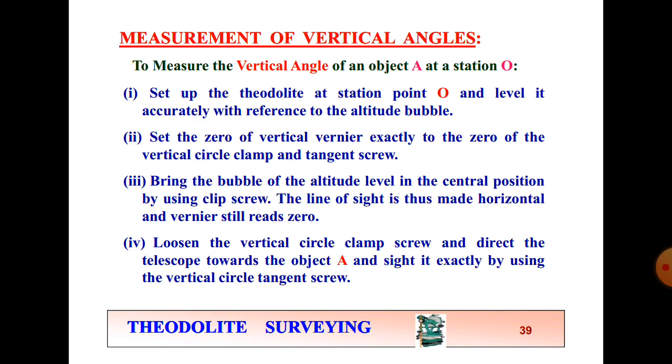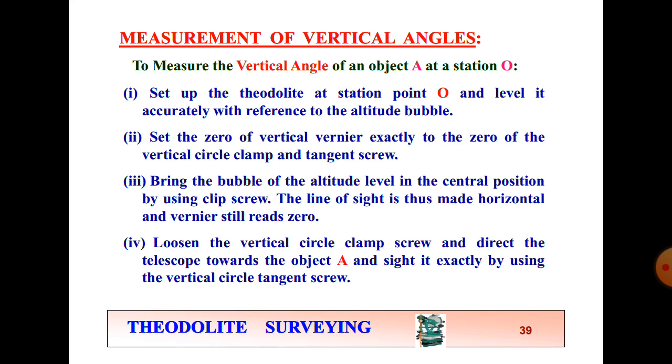Now second is the measurement of vertical angle. To measure the vertical angle of object A at a station point O, first of all set up the instrument at station point O and level it accurately with reference to the altitude bubble. When the bubble is perfectly centered, your instrument is perfectly leveled. Now set the zero of the vertical vernier exactly to the zero of the vertical circle using the clamp and tangent screw. So here we already discussed setting the angle to 0 degree.